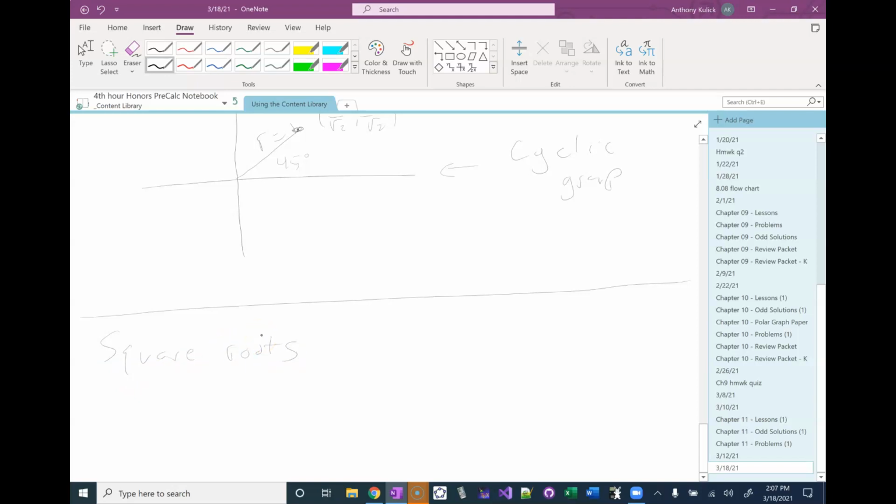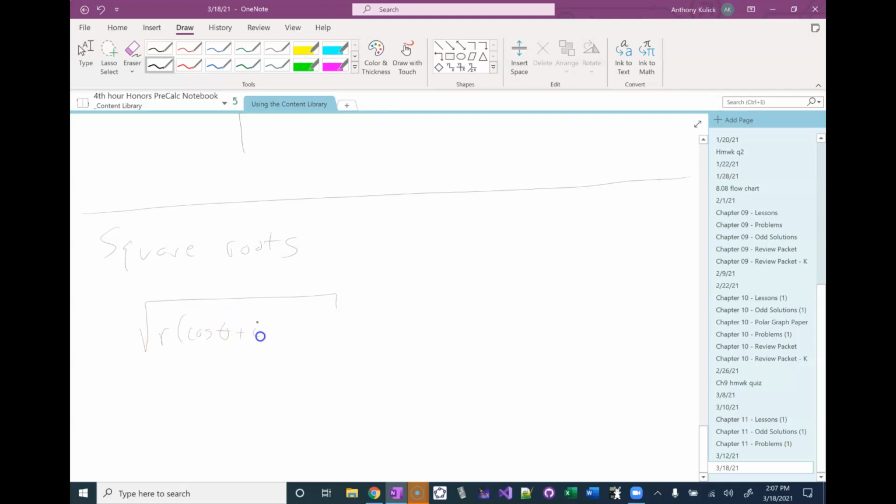Square roots. You remember that a square root is equivalent to the exponent 1 over 2, right?